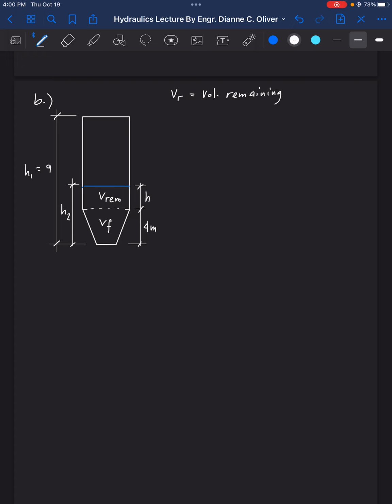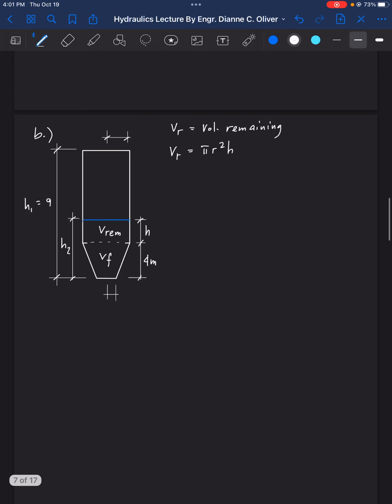And that is equal to, so our volume remaining VR is equal to pi r squared H. So, this is our H here. So, this is our radius. This is our radius here. So, this is 2.5 divided by 2, 1.25 meter.